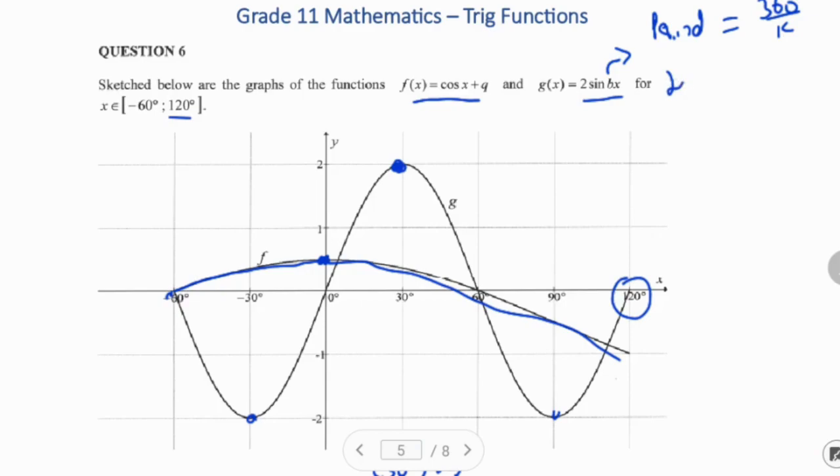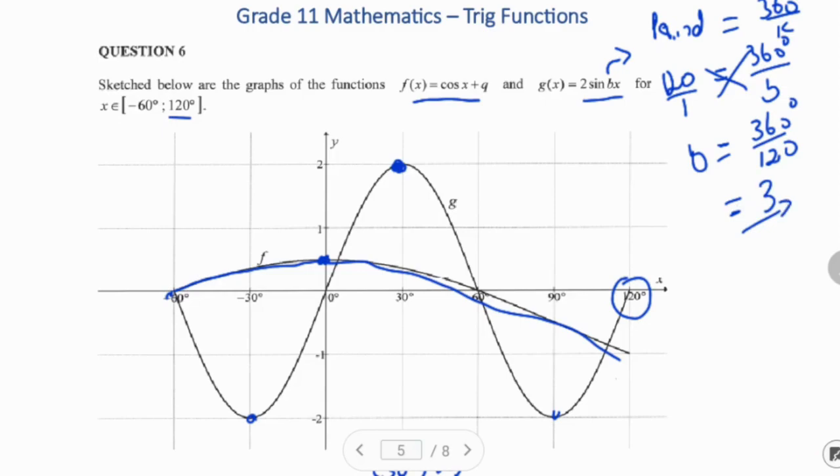So that means the period is 120, which is 360 over k, and our k is the b that we are looking for. With cross multiplication, therefore b will be equal to 360 divided by 120, which is equal to 3.